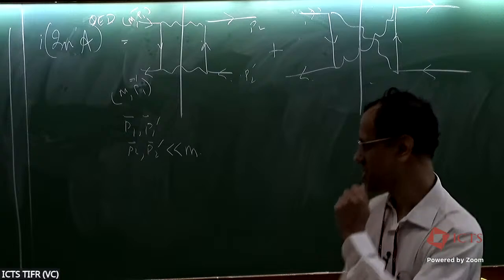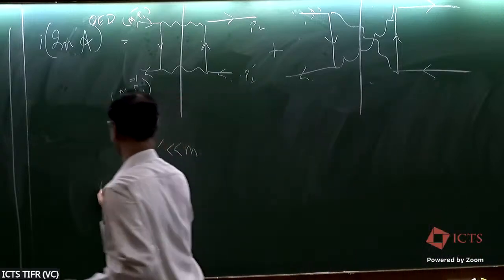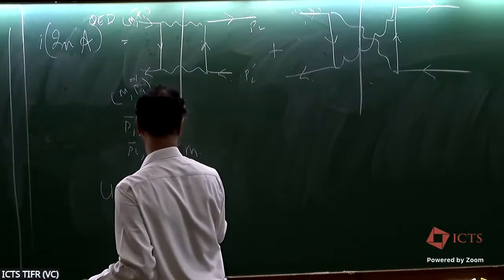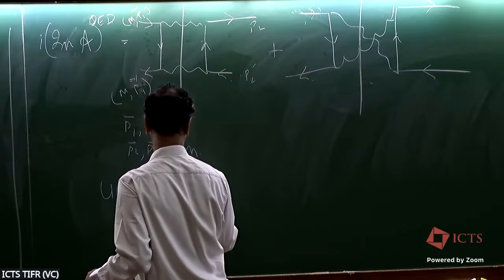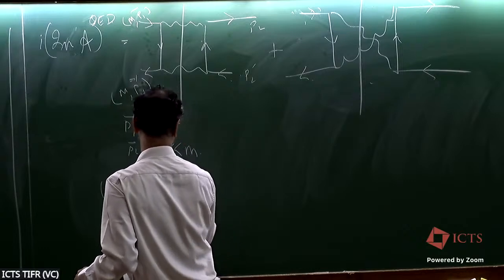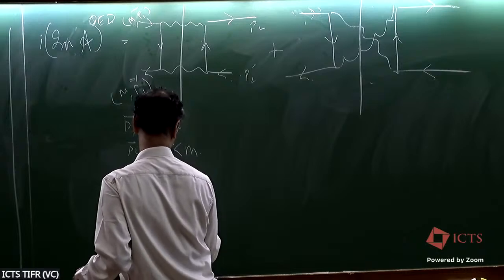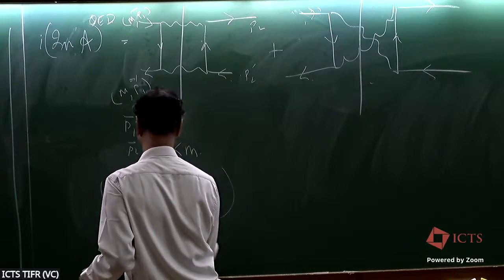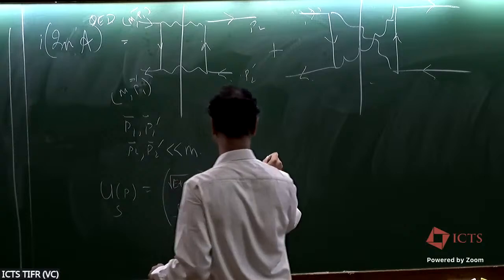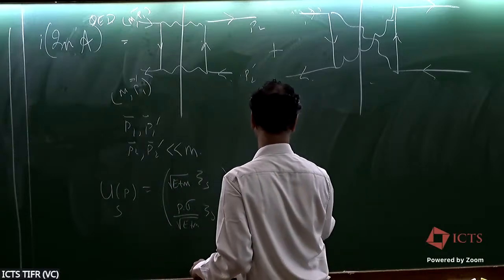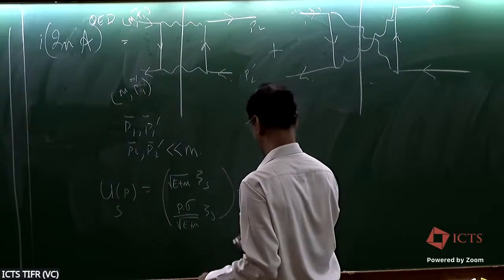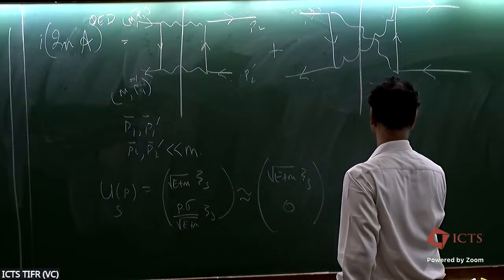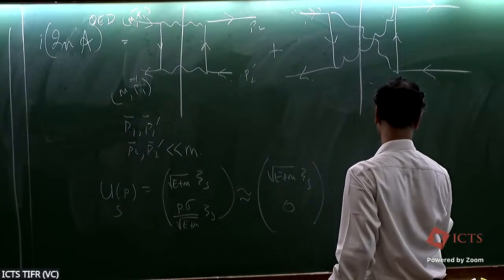And you know that in this limit, my spinors, u of p, let's say is root... So this simply becomes root e plus m by s plus small terms. Similarly, v becomes e dot sigma by e plus m.